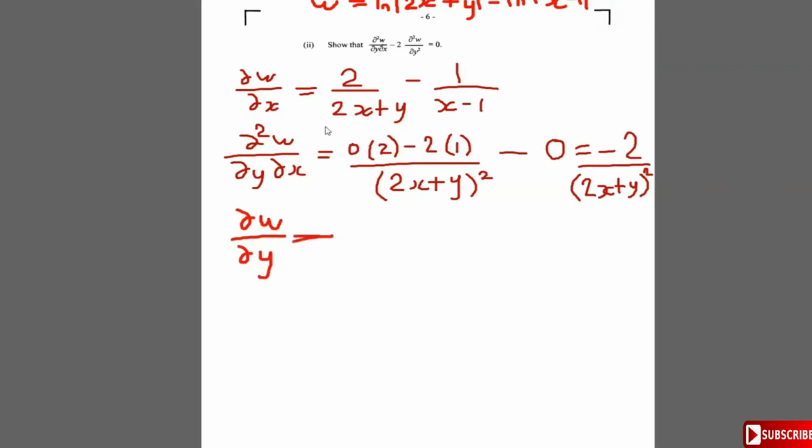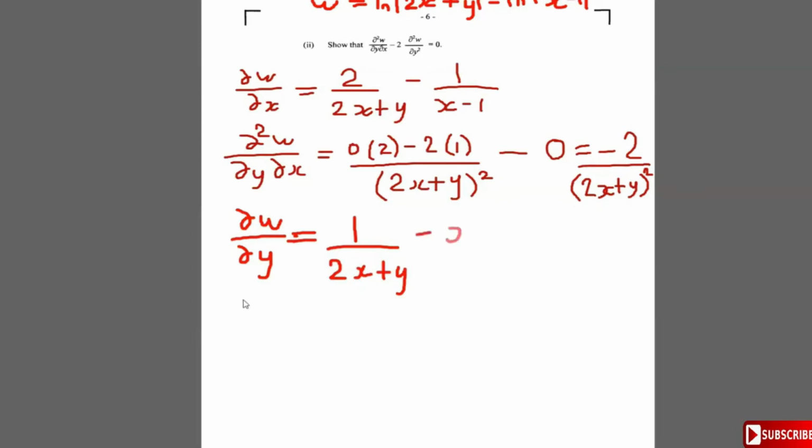Differentiating this with respect to y, we get 1 over 2x plus y. And then differentiating this part with respect to y, we get minus 0.